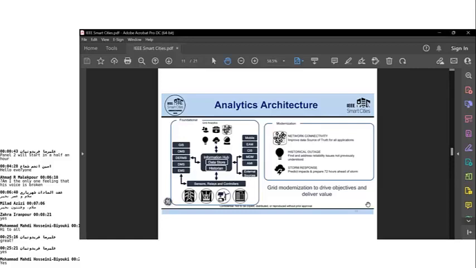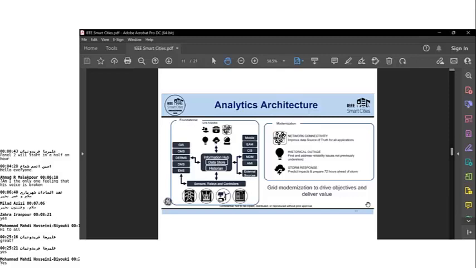So GE decided to put a product lens on it and have a common database, reducing a lot of operation costs as far as software engineering.